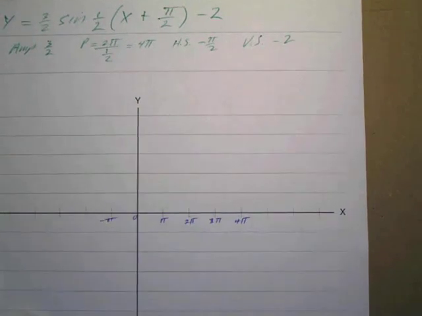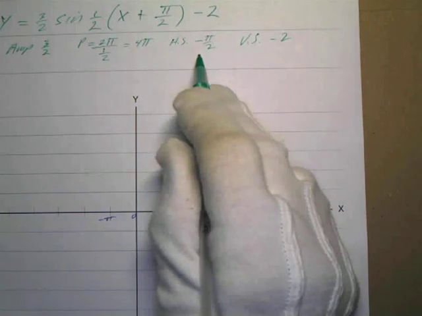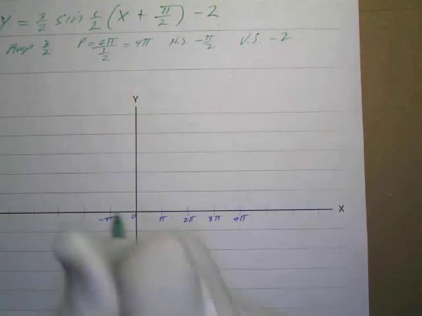Okay, I do have a shift of negative pi over 2, so pi over 2 to the left, which is half, so I'm going to go like this.